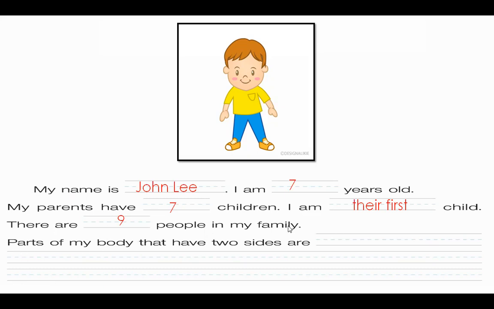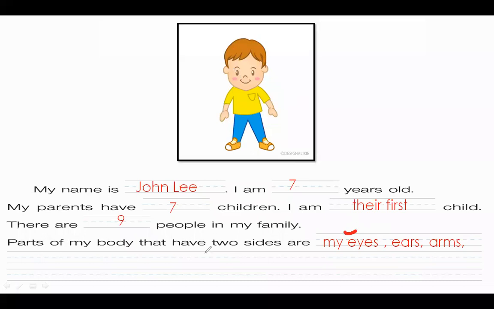Okay, people in my family. Parts of my body that have 2 sides are... John Lee said, these are the parts of my body that have 2 sides. The first part is my eyes.